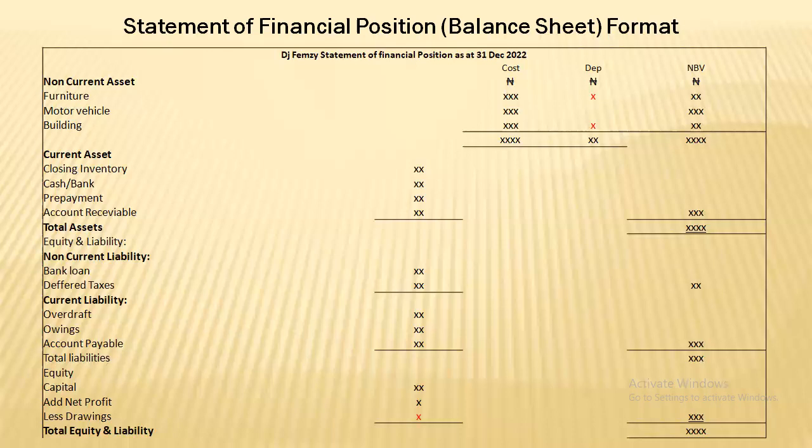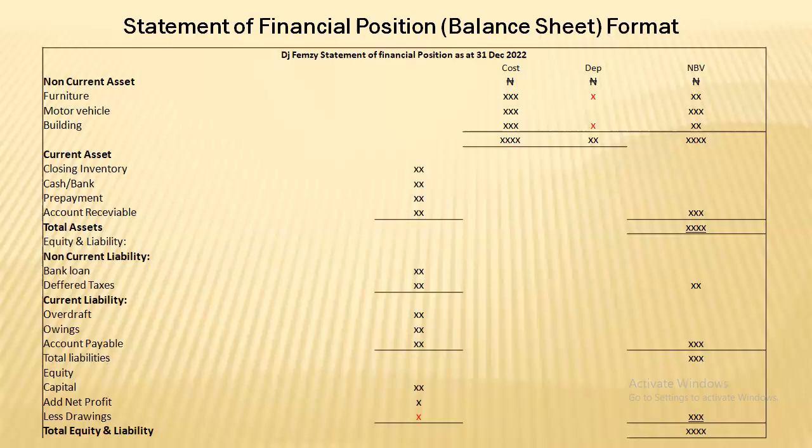So the first item that we normally have there is the non-current assets. The non-current assets that we have include furniture, motor vehicle, building, premises, office equipment.